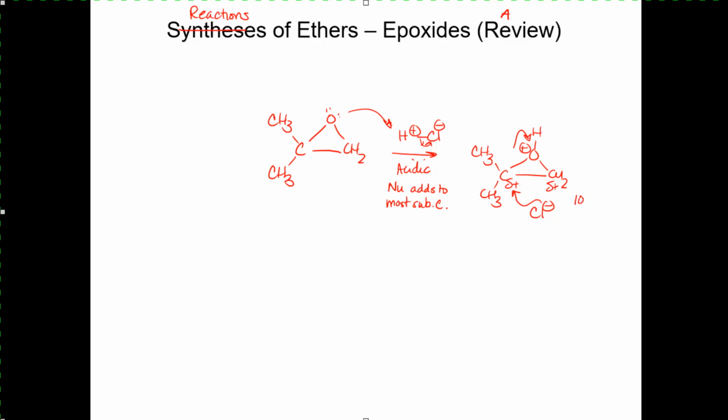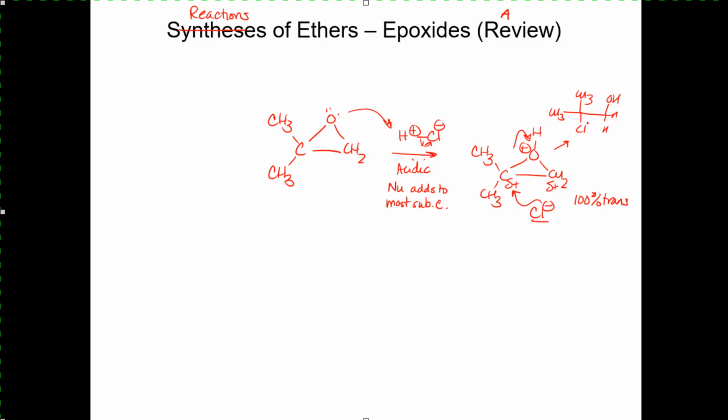Remember, this is always 100% trans. The nucleophile and the OH group will always be 100% trans. And so what am I going to form? I'm going to have my chlorine added here, my two methyl groups here, my OH group now here, and then there were two hydrogens there.